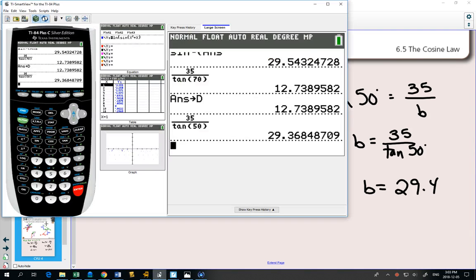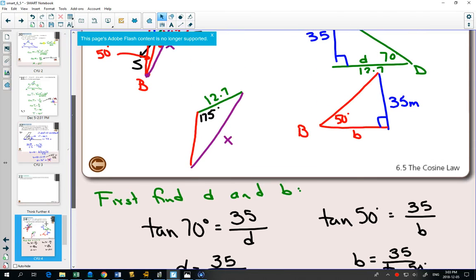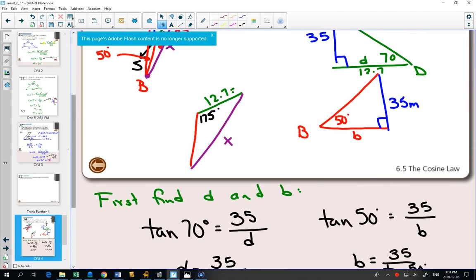And I'm going to store that as the letter B. So we figured out this side, which was D, is 12.7, and we now figured out this side, which is B, which is 29.4.